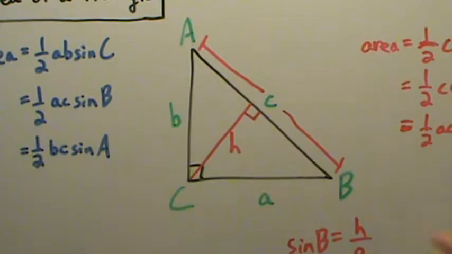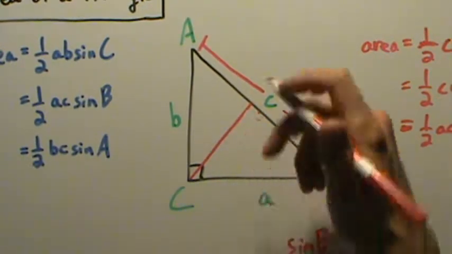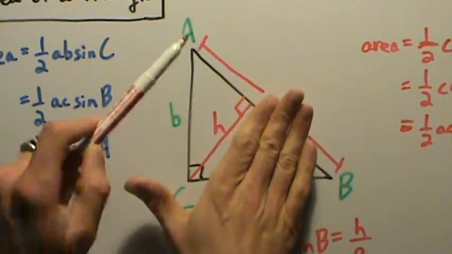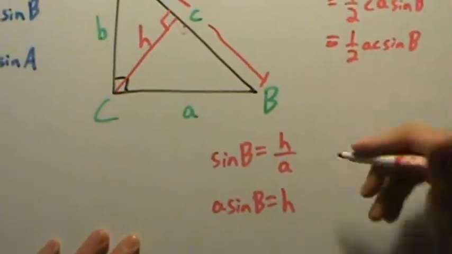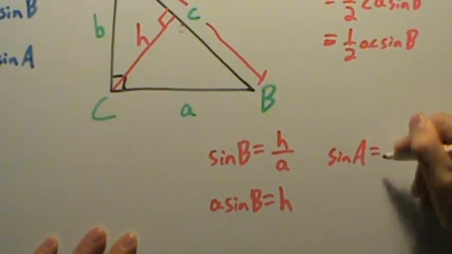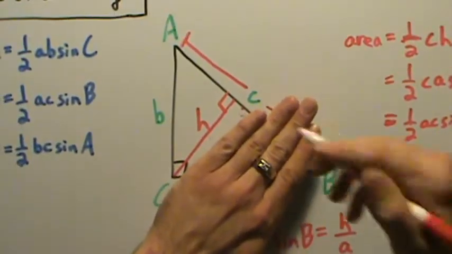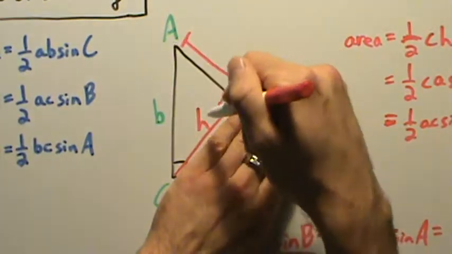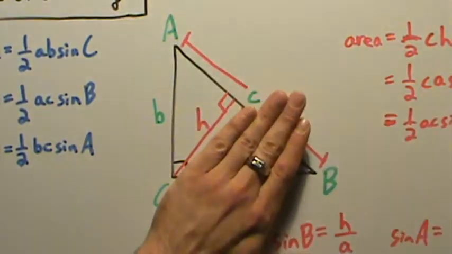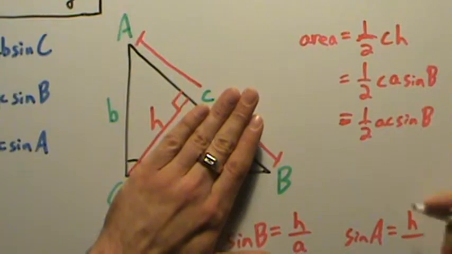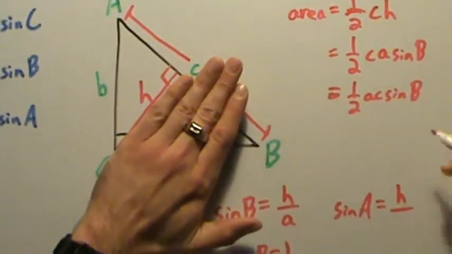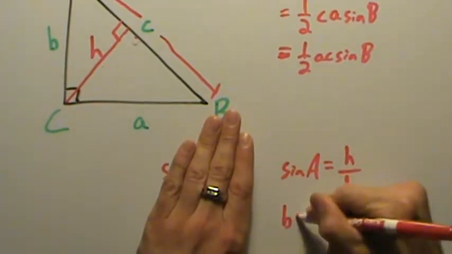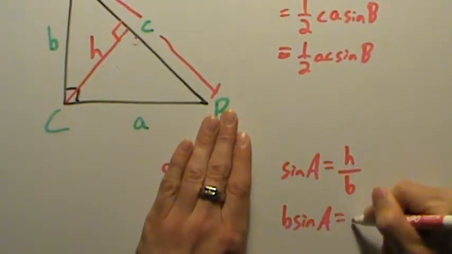And likewise, if we cover this other triangle up and just focus on this one, we'll look at sine of capital A. Sine of capital A is opposite over hypotenuse. Here's angle A, and in this smaller right triangle, the opposite side is h, and the hypotenuse is little b. Multiply both sides by little b, so we get b sine A equals h.